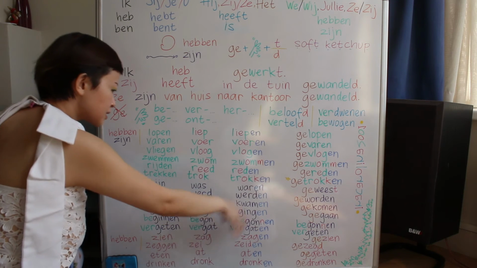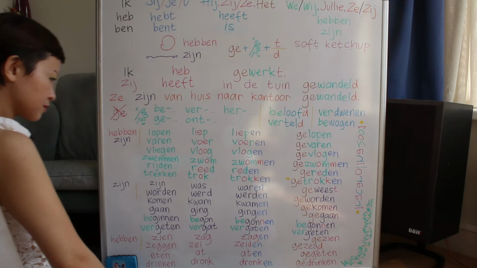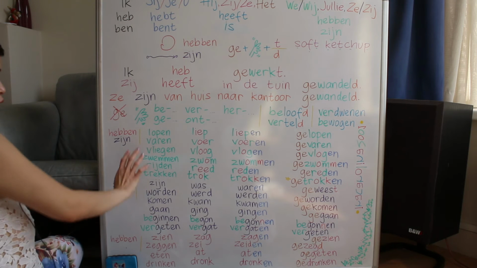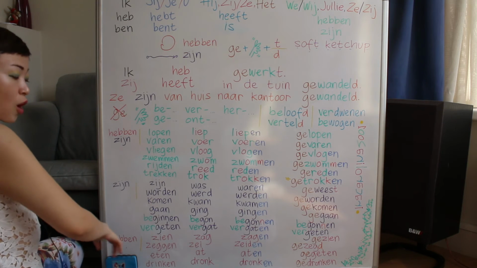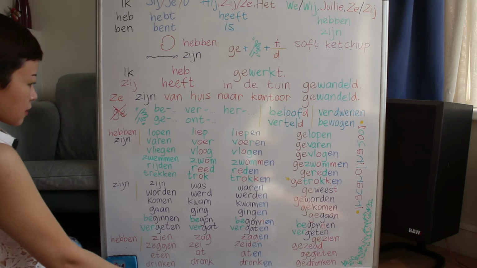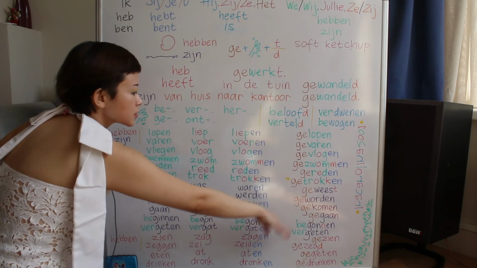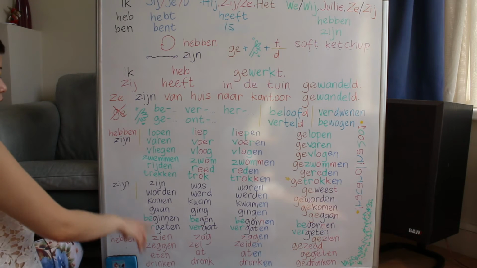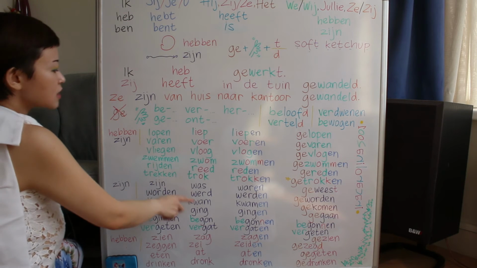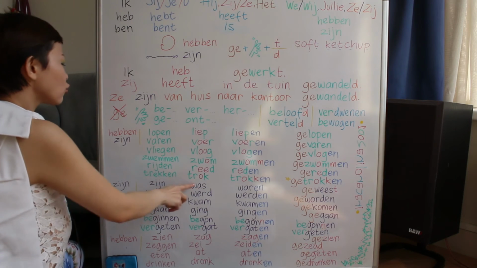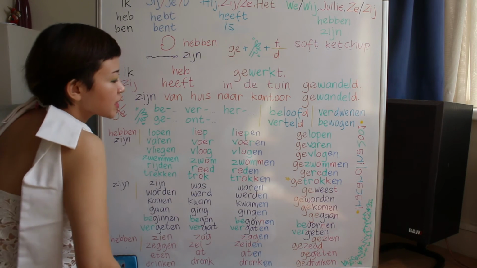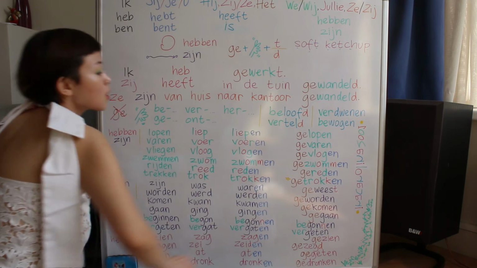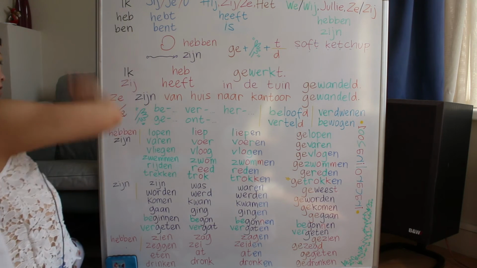This is the irregular one, because this is the regular with T or D. If it's ended with the letter in this one, we put the T. If it's ended with a letter not this one, the other letter, we put D. But there's really lots of words that are irregular. And irregular that doesn't have the GE is two of them, verdwenen and bewogen.